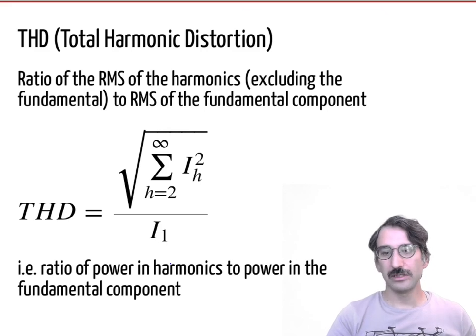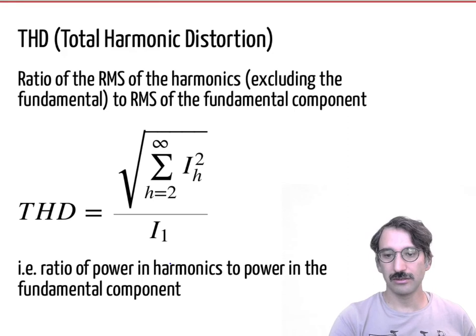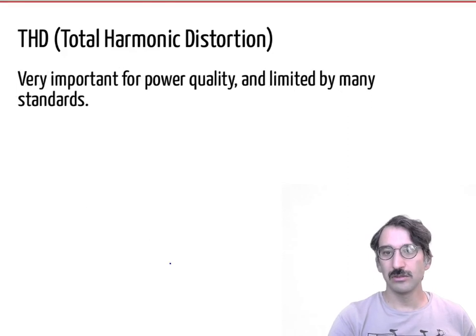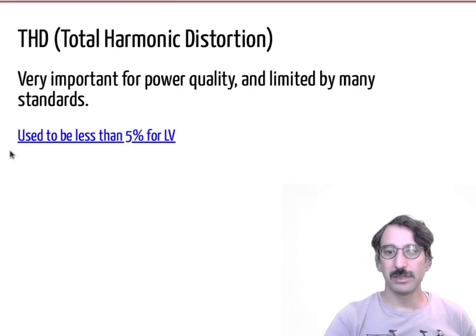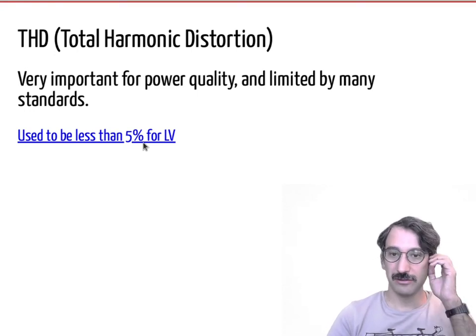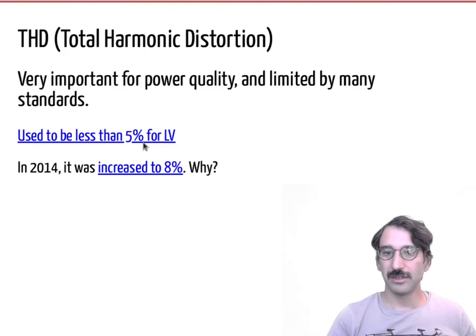In other words, it is the ratio of power in harmonics to the power in the fundamental component. That is why, from the power point of view, it is important in this course and in many applications. It is quite important for power quality, and you can see many limitations in different standards. It used to be less than 5%. If you are designing any commercial device to connect it to the grid, the THD level should be less than 5%, but about 6 years ago it was increased to 6%.